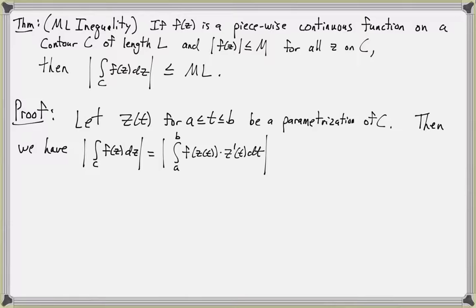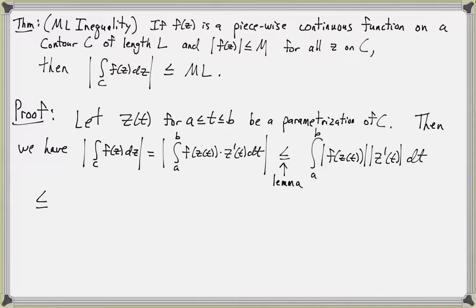And now we can use the previous lemma to bring the absolute value inside the integral. So we write this as less than or equal to the integral from a to b of the absolute value of f of z of t times the absolute value of z prime of t dt.